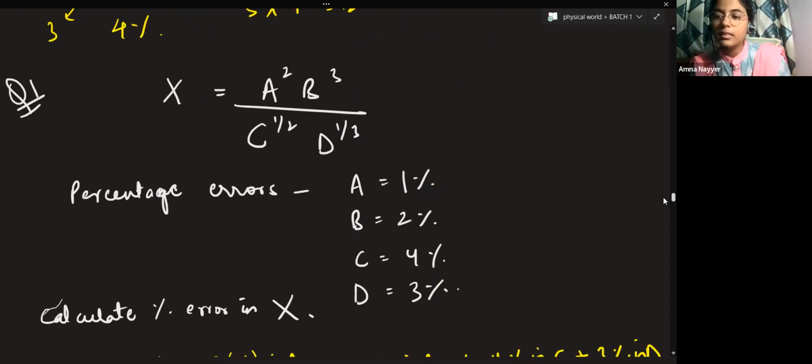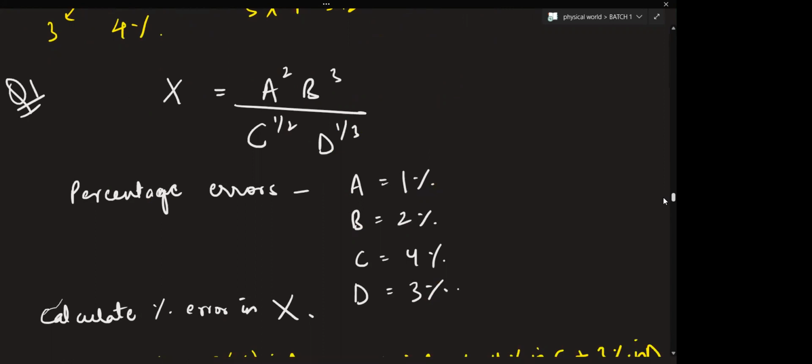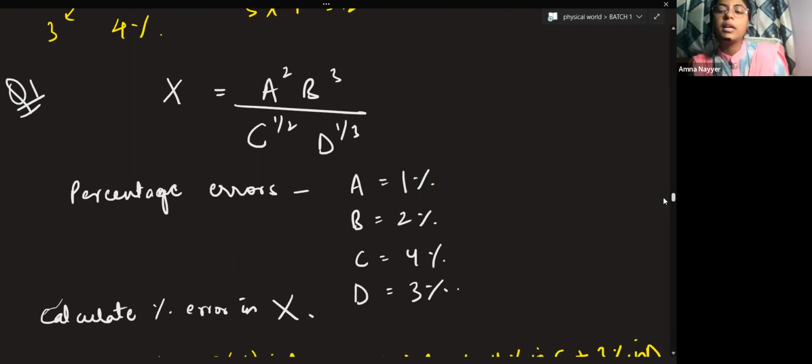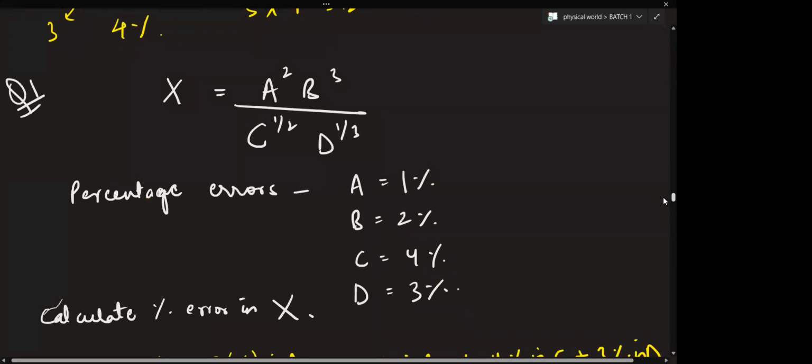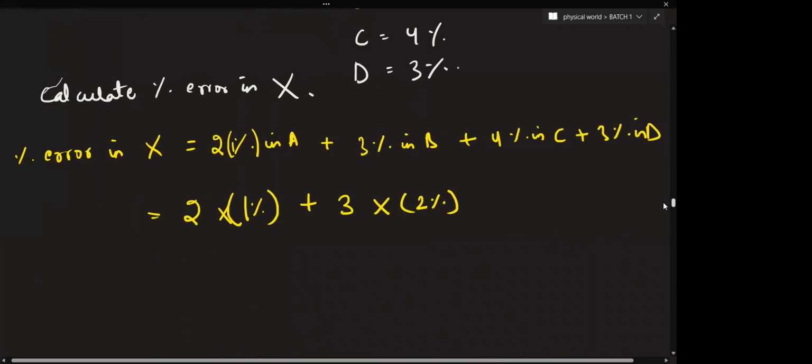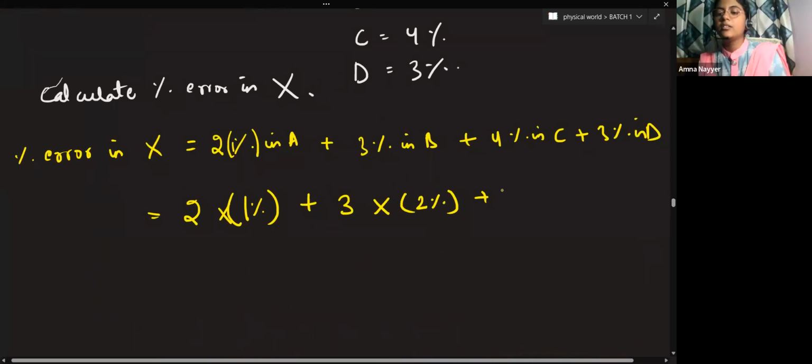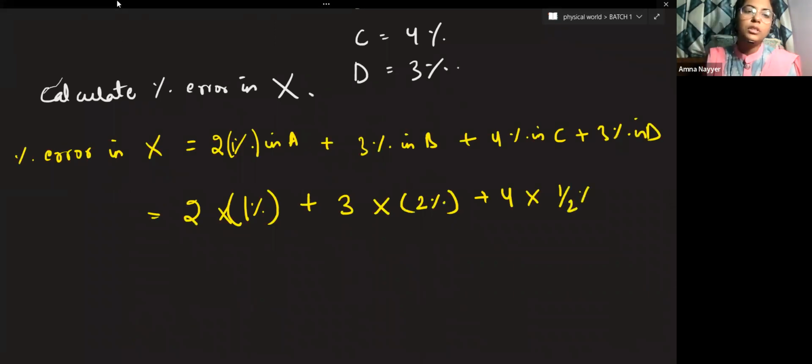So the power is one half, multiplied by the percentage error in C, which is 4%. Sorry, I had written it opposite.